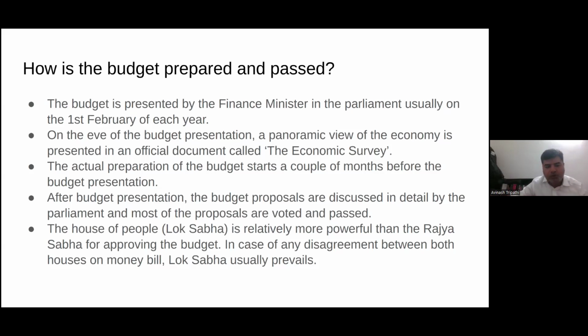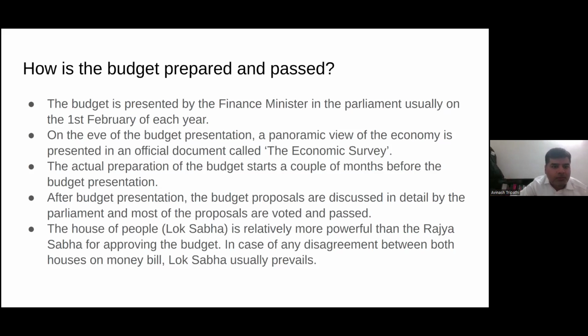It is going to look at, for example, what was the GDP growth, what was the fiscal deficit, what was the trade deficit, what was the inflation, and a number of things that are basically covered in the economic survey. So basically the economic survey sets the stage for the presentation of budget.